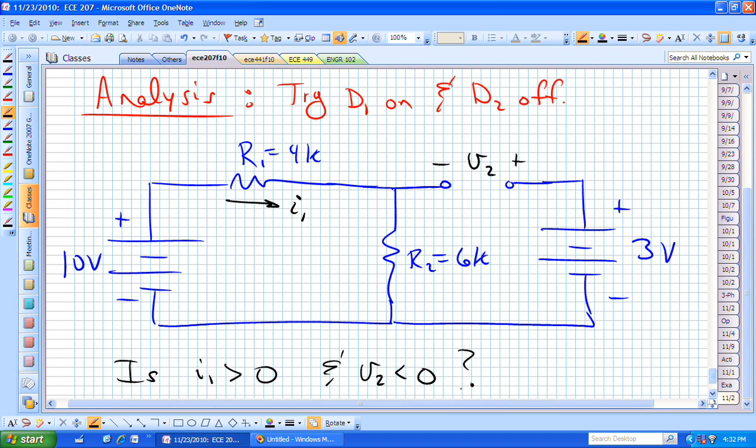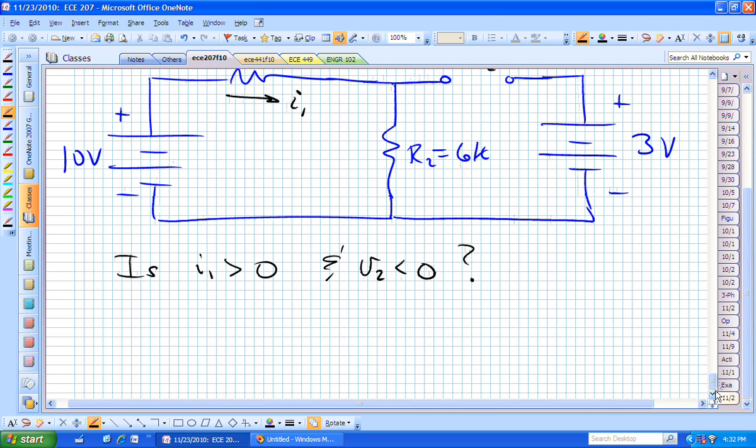So let's do that problem. If we now look at KVL, let's say around loop 1, I'm going minus 10 plus R1 I1 plus R sub 2 I1. I1's not going to go towards the open.